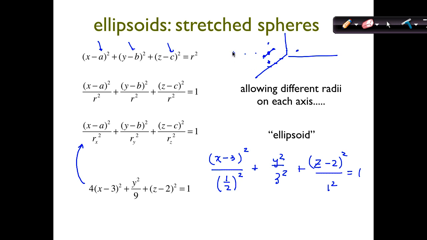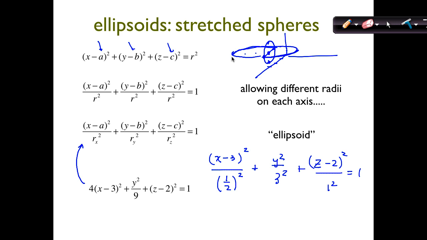Here we go. So this is parallel to the xy plane. I got this ellipse here. So that's the ellipse parallel to the xy plane. And then I've got one parallel to the other plane. Okay, it's not so bad so far.